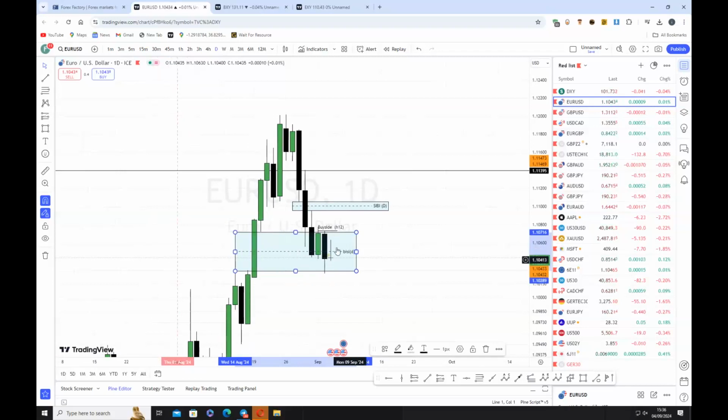So what I'm thinking here is probably buys on EU. Some buys on EU could eventually attack the buy side that I'm looking at, which I'm not sure if it's going to be today, but the general view is I'm thinking buys for today.